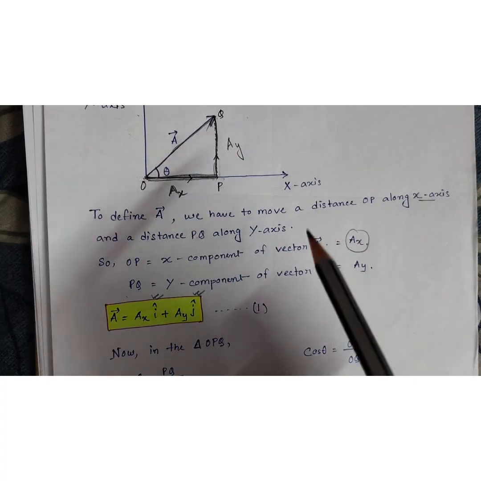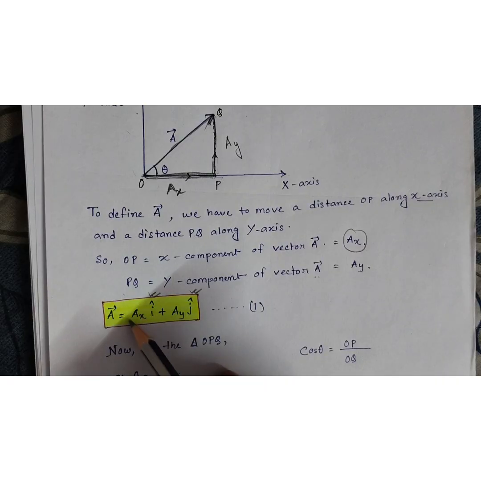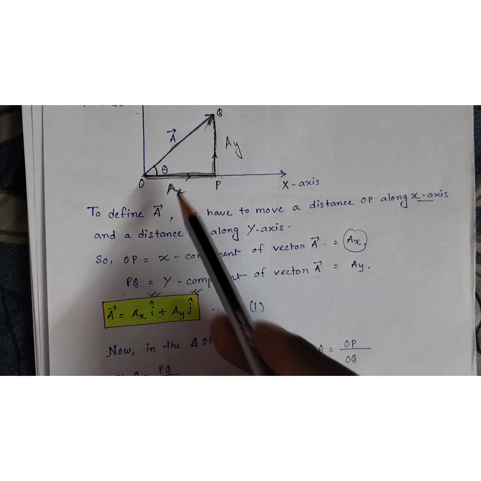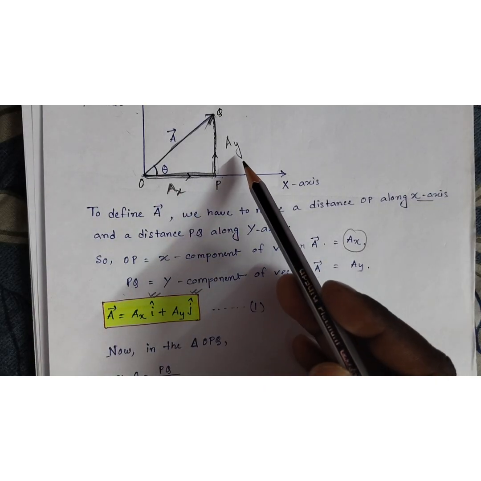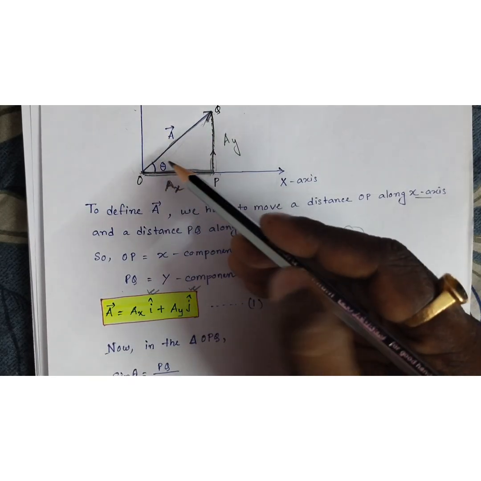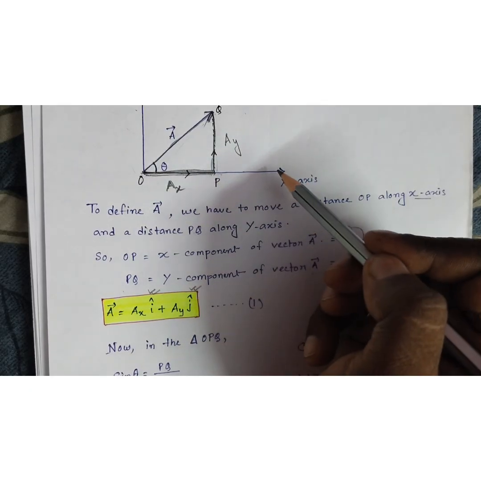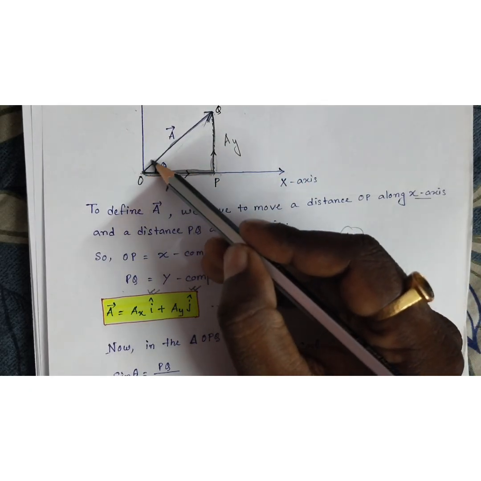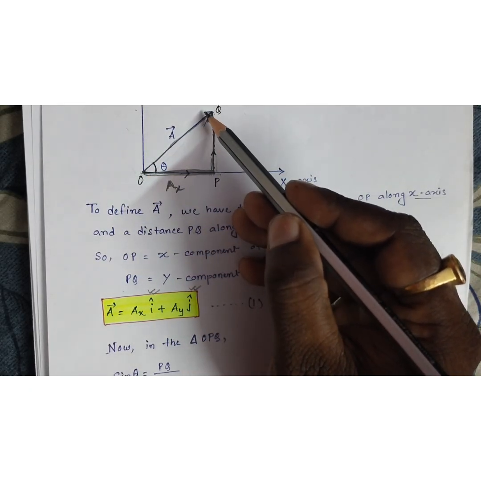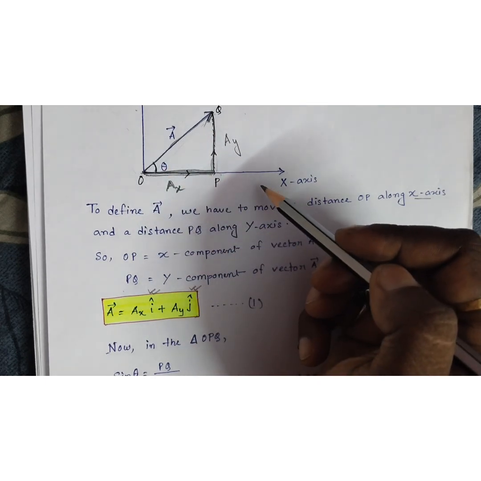Now, what will be the magnitude? We have seen that A_x is the x component of the vector and A_y is the y component. You can see this vector A is making an angle theta with the horizontal axis, that is the x-axis.